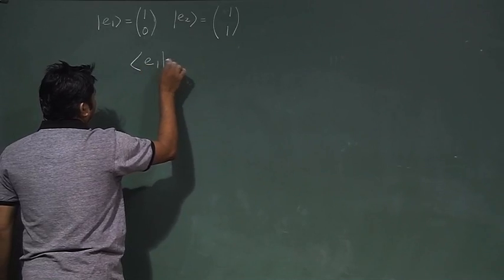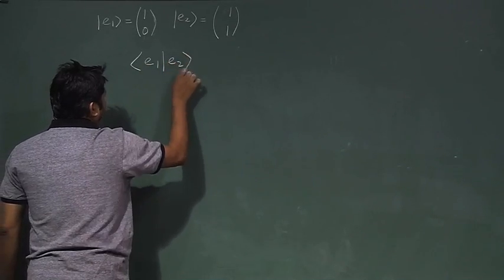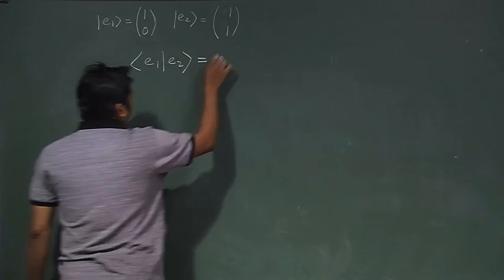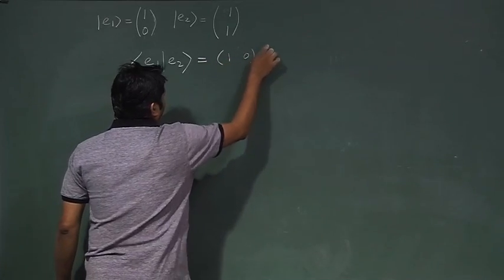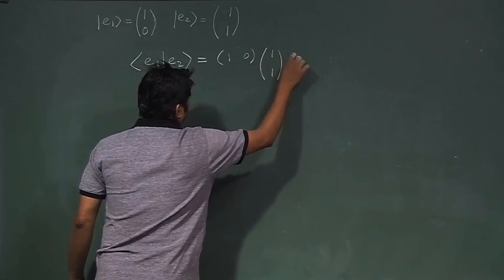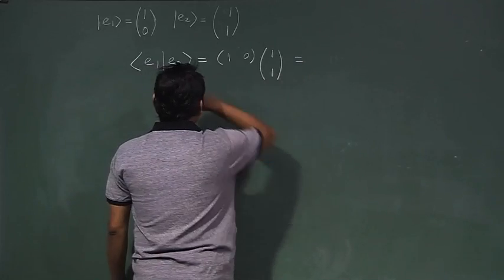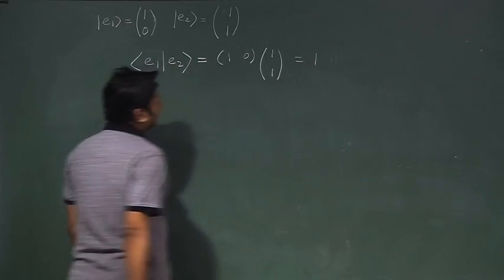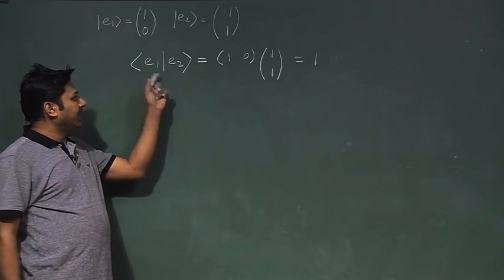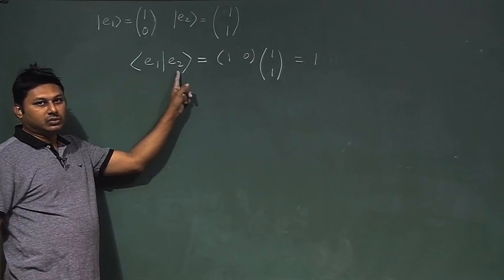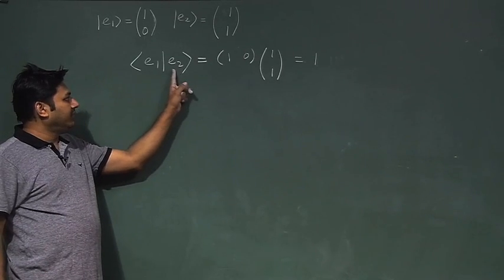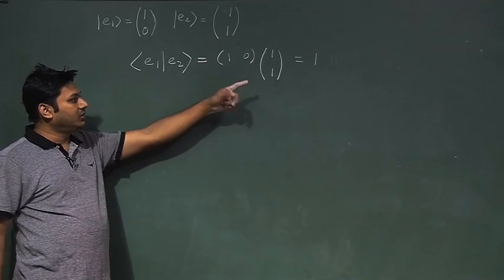E1 E2, 1 0 with 1 1, it is 1. First time we are getting that E1 E2, two different vectors, when I make an inner product it is not equal to 0, it is 1.